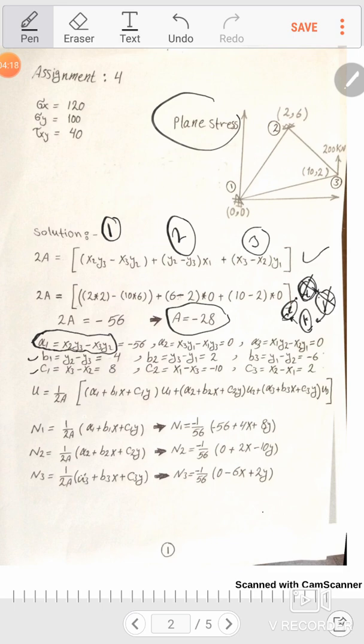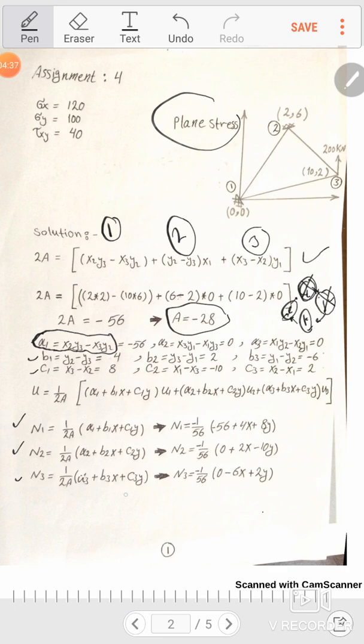and after that find the N. N is the shape function for each node. This is node number 1, node number 2, and node number 3.